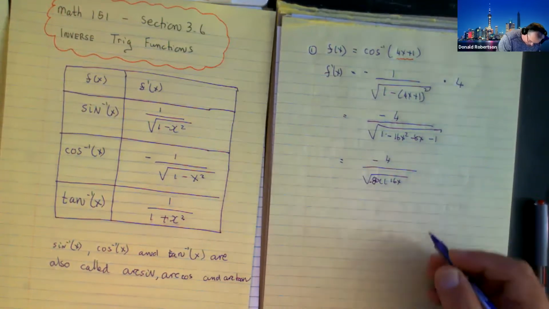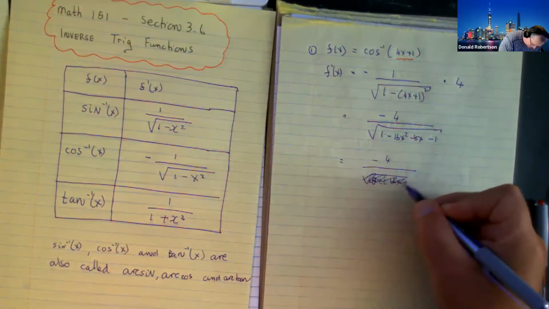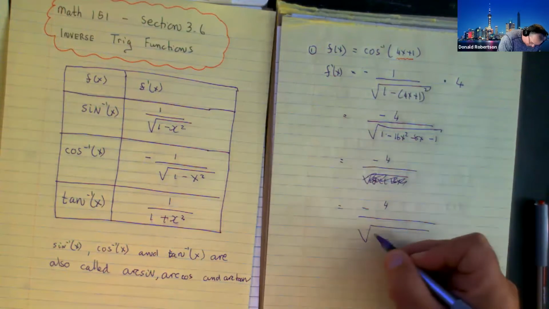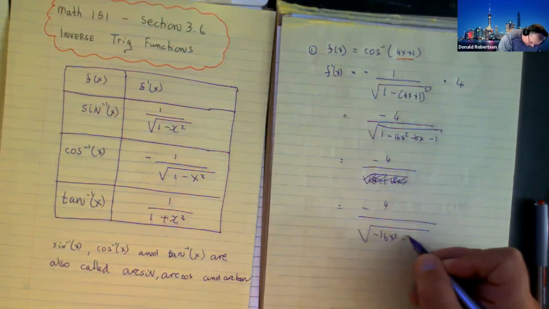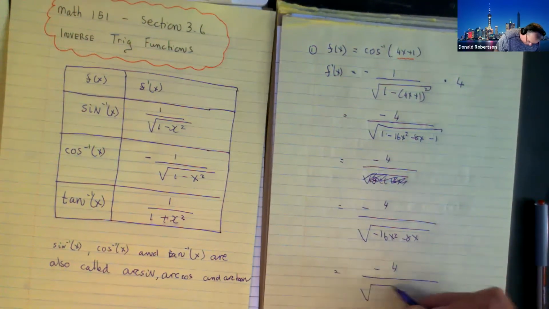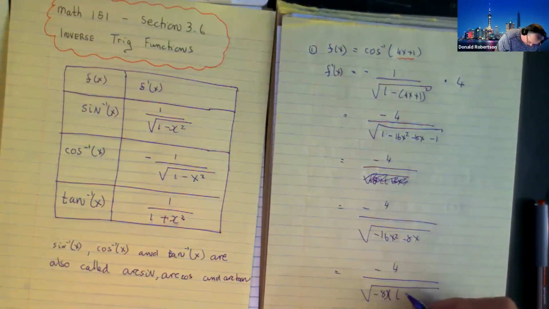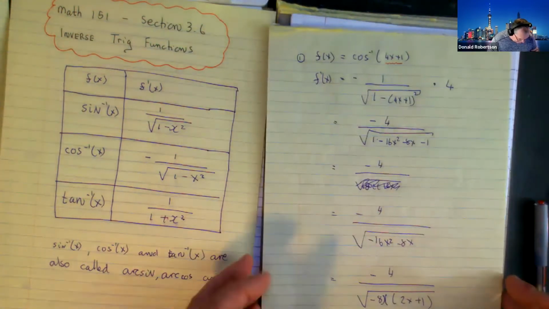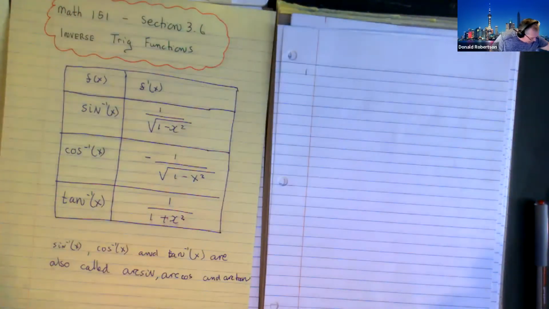If I pull out negative 8x as a common factor, let's do that again. So if you cancel the ones out, you get that. And then factor the heck out of it. So I'm pulling out -8 as a common factor with an x, and that leaves me with 2x plus 1. And that funny looking x is still an x. And that's it.